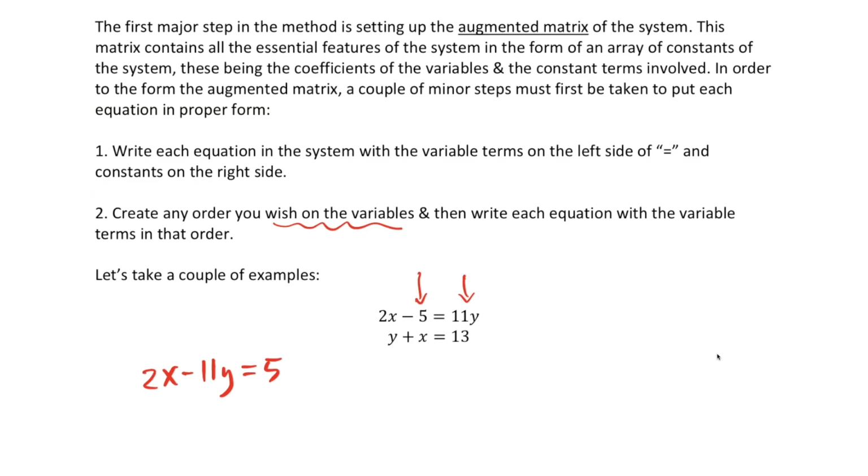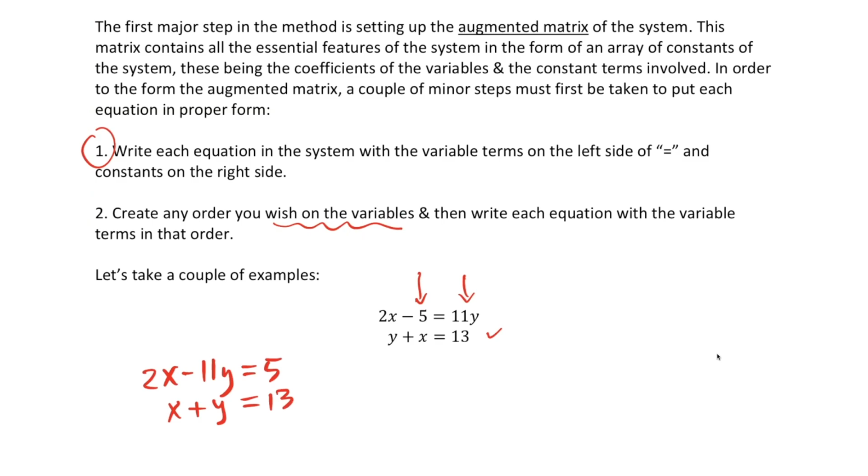Now, the second equation actually satisfies the first condition here, but you guys notice, in the first equation, I've got x's then y's, but in the second equation, I've got y's then x's, reading from left to right, of course, like usual. What I'm going to do is write these both in alphabetical order with x's before y's, so the second equation becomes x plus y equals 13.